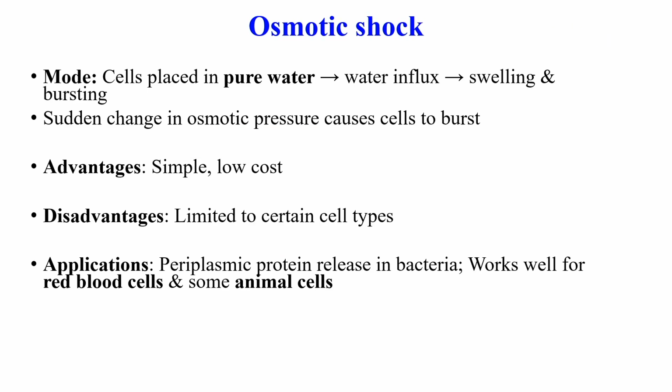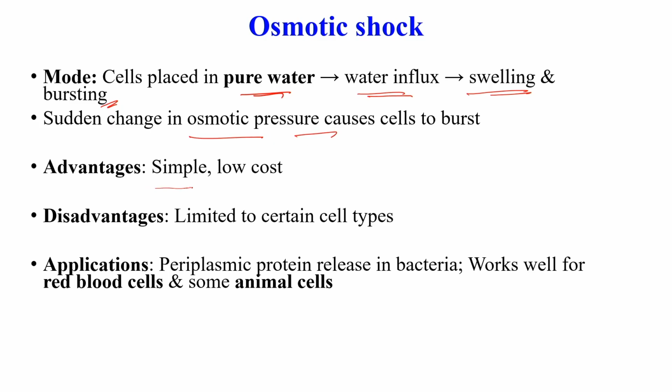Next comes the osmotic shock. If the cells are placed in pure water, then what happens? There will be water influx, which leads to swelling and bursting, because the concentration of water outside will be higher. So the water will try to go inside, which will lead to swelling and bursting of the cell. Typically, this sudden change in osmotic pressure causes the cell to burst.